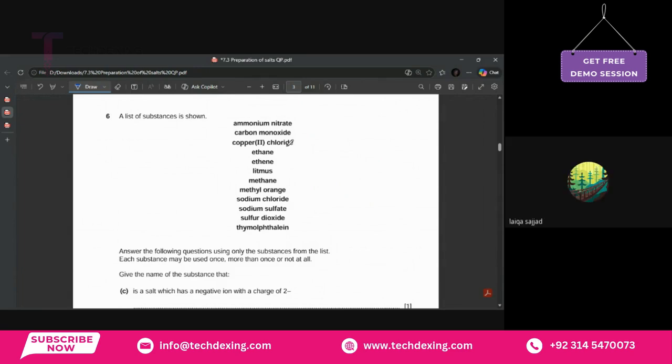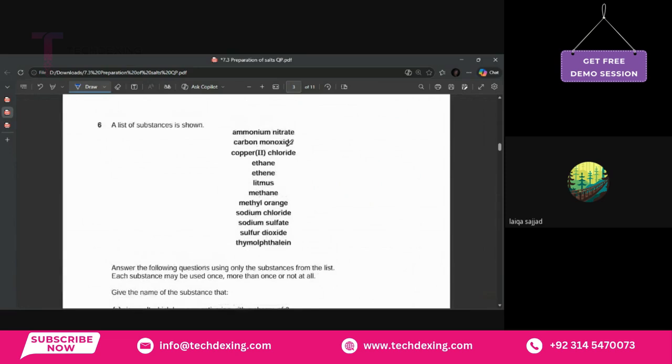Which of these are salts? There are chloride, magnesium, ammonium nitrate.